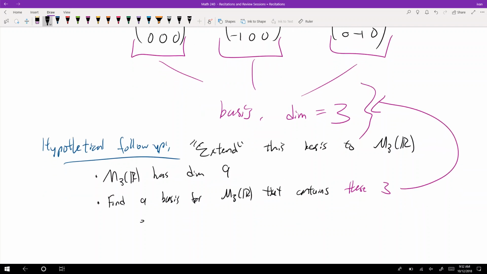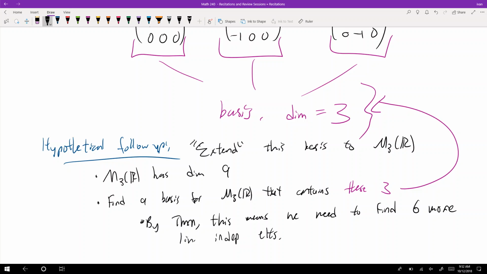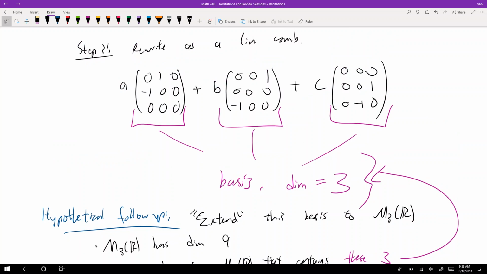And by the theorem, this means we need to find 6 more linearly independent elements. Because the theorem says, if I have dimension 9, then I need 9 linearly independent elements, and then they automatically span. I have 3 of them up here, and then I need to find 6 more.